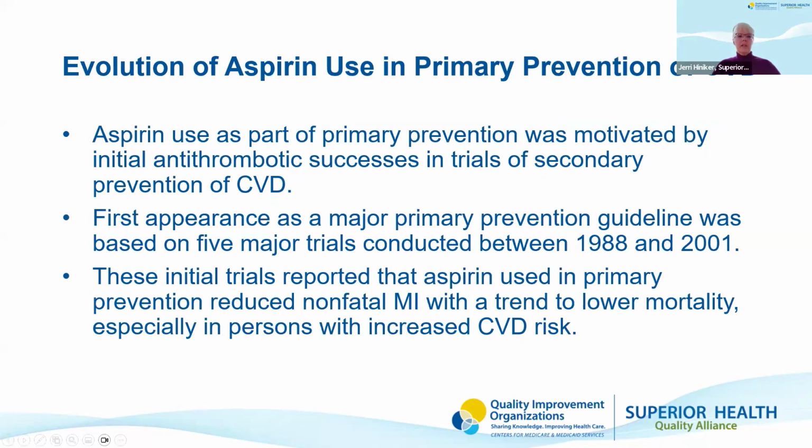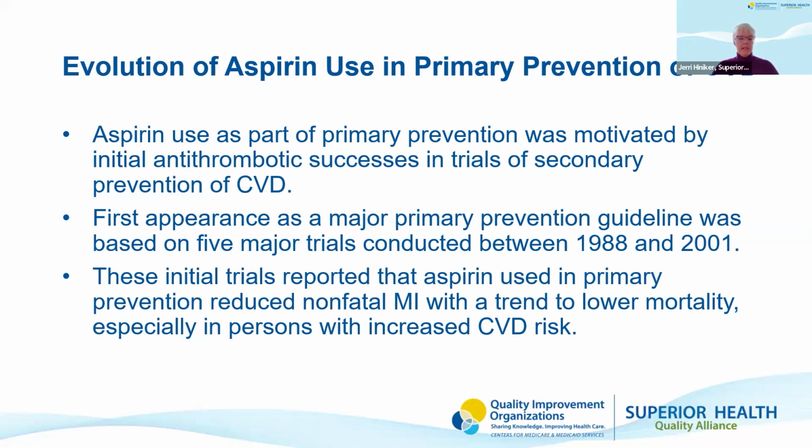So I want to talk a little bit again, starting with primary prevention, about the evolution of why we use aspirin in primary prevention of cardiovascular disease. Aspirin's antithrombotic effects have a long established place in prevention of cardiovascular disease, and it has traditionally been used as a core therapy for secondary prevention of CVD.